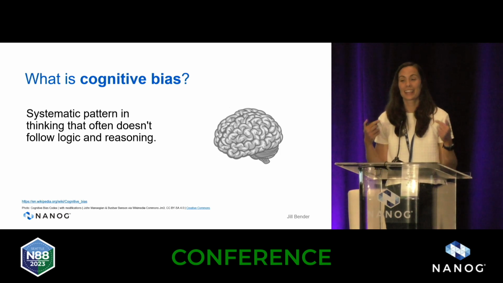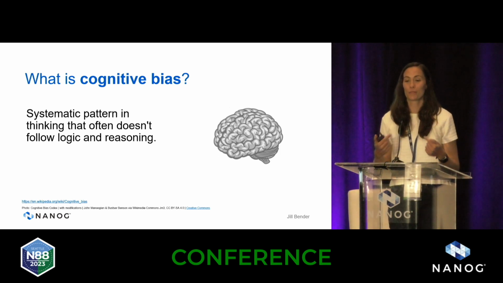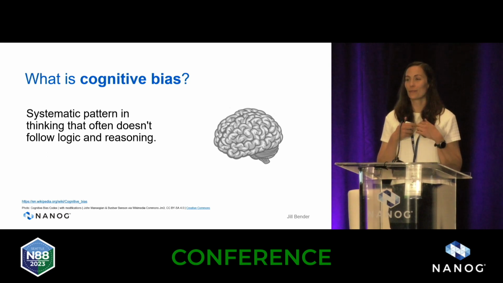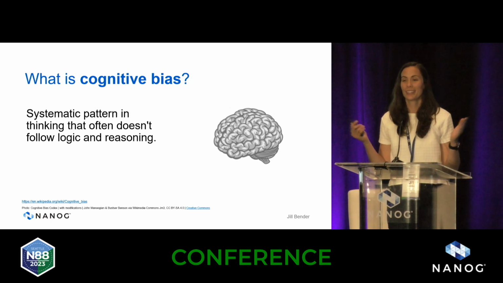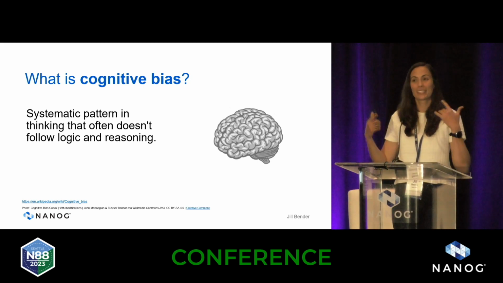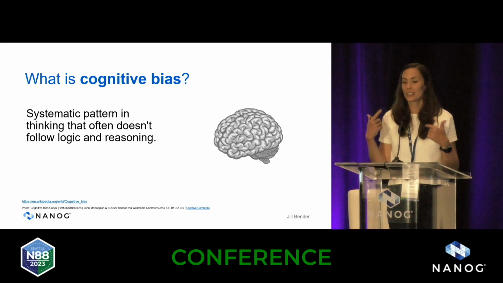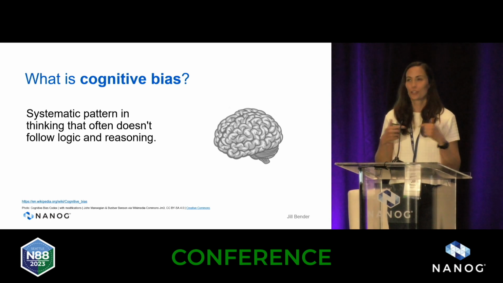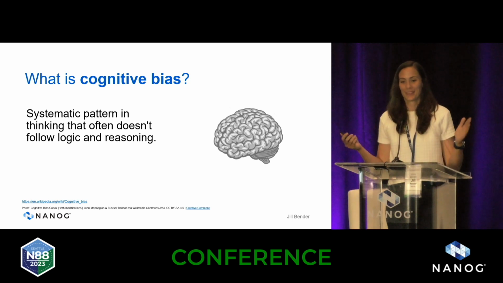Cognitive bias can get in the way of a good decision-making process. Our brains help us make sense of this very complicated world around us. Our biases can help us make use of stats that we've gathered over time to make quick decisions, to quickly decide, should I get out of the way of this speeding car?